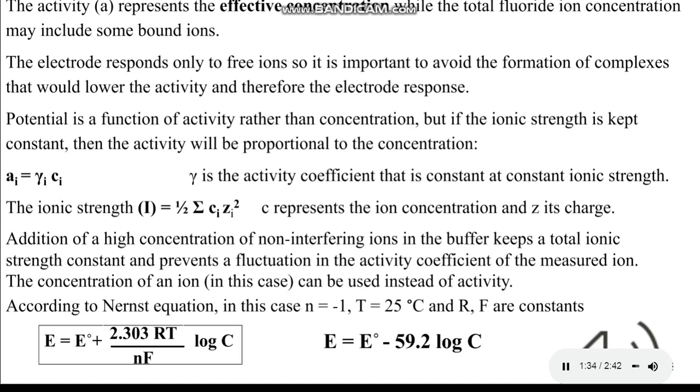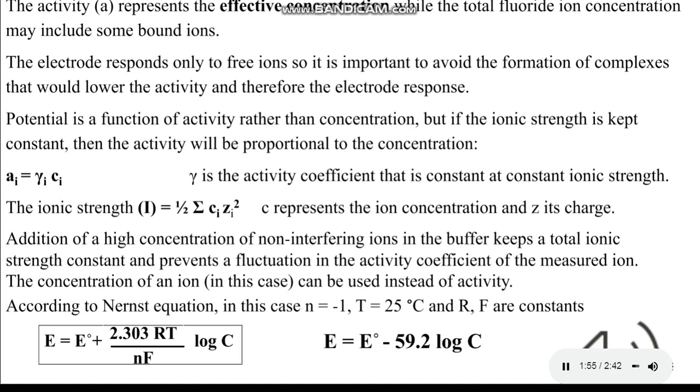Addition of a high concentration of non-interfering ions using a buffer solution keeps the total ionic strength constant and prevents fluctuation in the activity coefficient, and in this case you can use the molarity concentration instead of the activity.